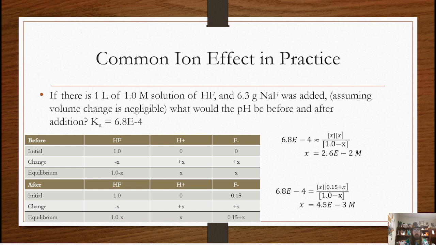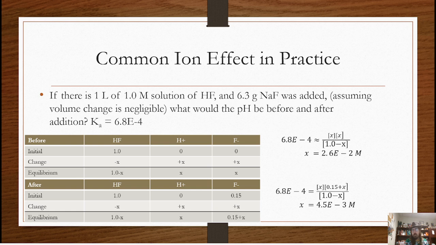And so when we set up our expression, 1 minus X, we can simplify that, and we get that the concentration is 2.6 times 10 to the negative second, which means we're going to have a pH of something like 1 point something. It's a pH of 1.58.